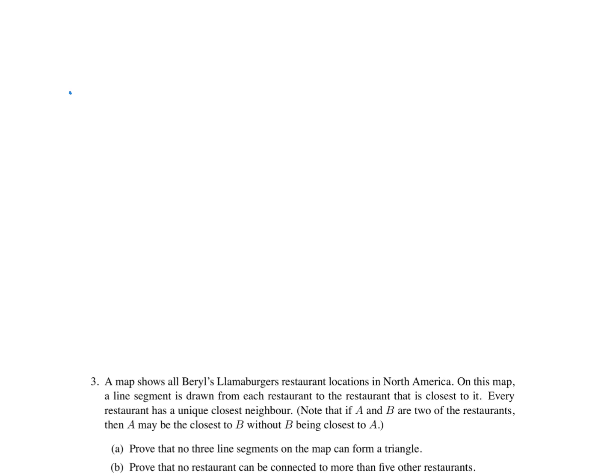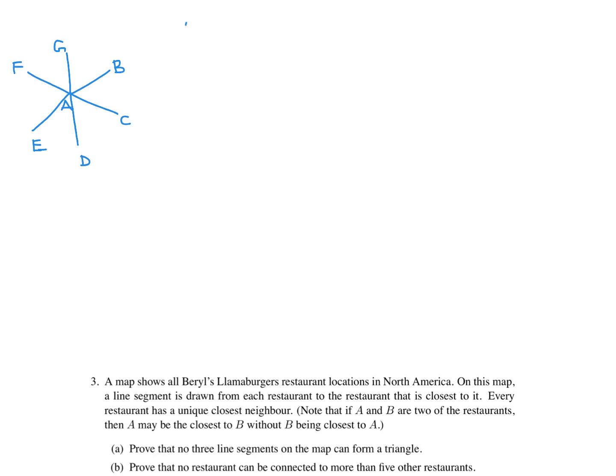So our original assumption is that we've got this restaurant A, and that's connected to 6 restaurants, more than 5, right? So 1, 2, 3, 4, 5, 6. And we'll label them B, C, D, E, F, G, like that.